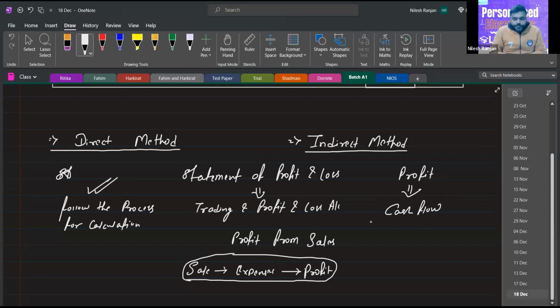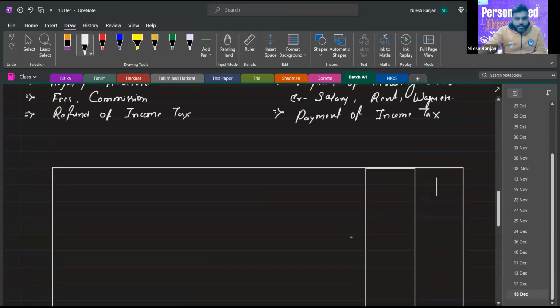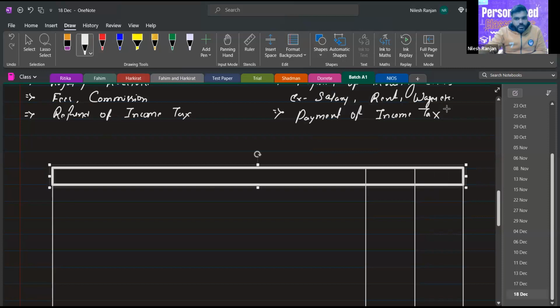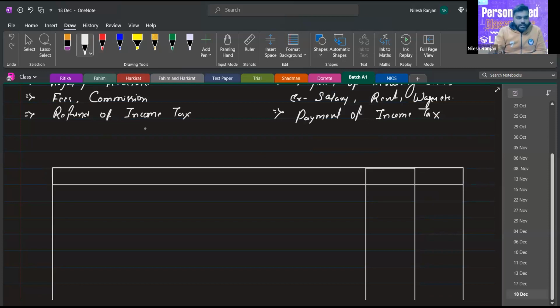Yes, sir. Yes. So now we will discuss indirect method, because direct method is not in your syllabus. So in indirect method, there is a very important thing here.